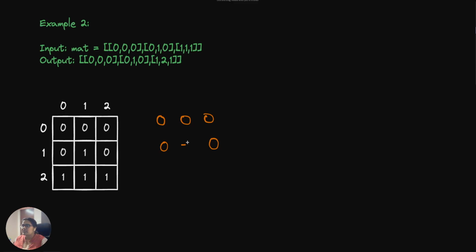Initially we will consider these as -1, which means they are unvisited and we have to calculate them. All the visited nodes we will put in a queue, so this queue will have 0,0; 0,1; 0,2; 1,0 and 1,2.